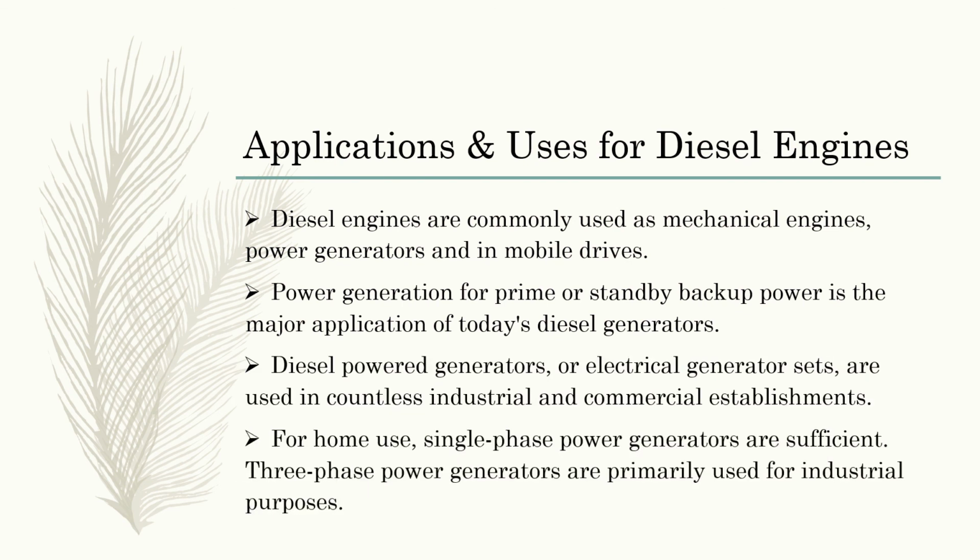Next is why power generation is the major application of diesel engines. To make it short, industrial diesel engines and diesel-powered generators are used in construction, marine, mining, hospitals, forestry, telecommunications, underground, and agricultural applications.